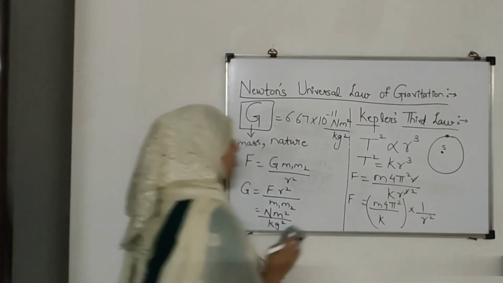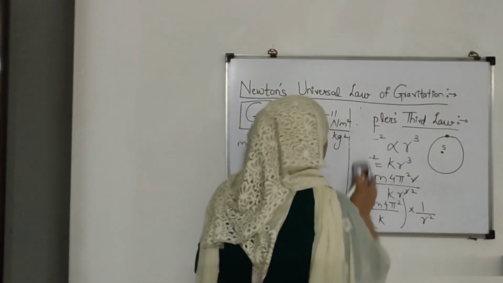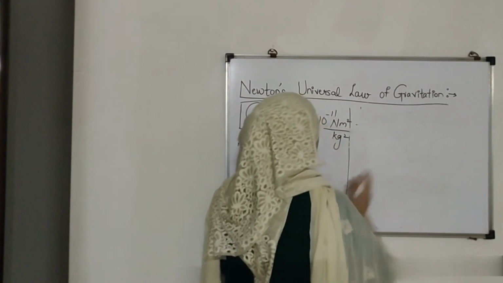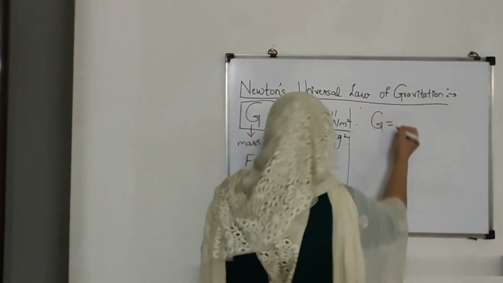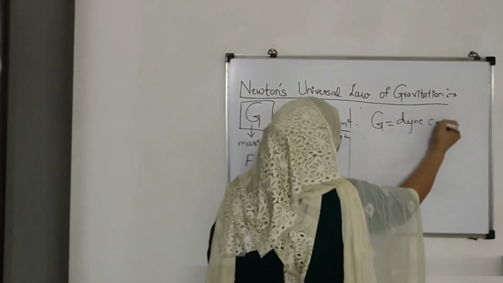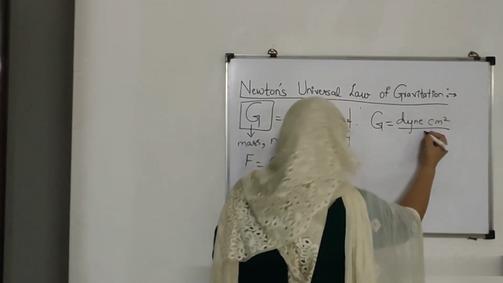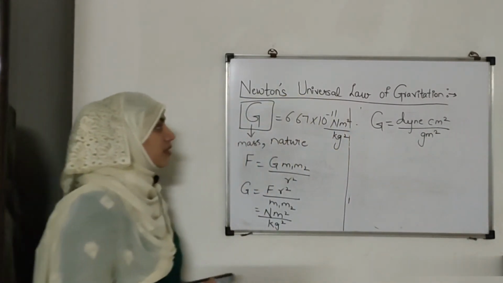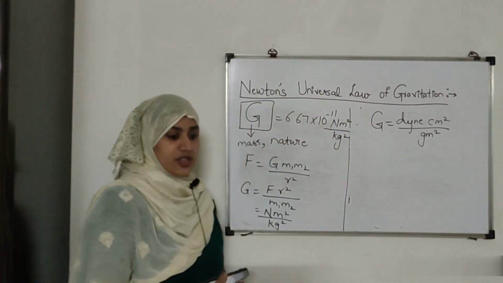Similarly, in CGS units the value of G becomes 6.67 into 10 raised to minus 8 centimeter cube upon gram second square. This is the universal law of gravitation.